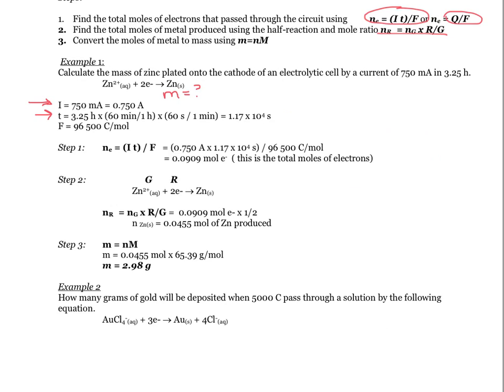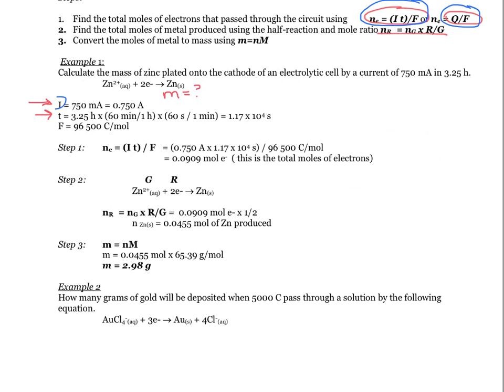We know the time is 3.25 hours, but we must convert that to seconds. And we always know Faraday's constant is 96,500 coulombs per mole. Recall that step number 1 is to find the number of moles of electrons, using either IT divided by F or Q divided by F.